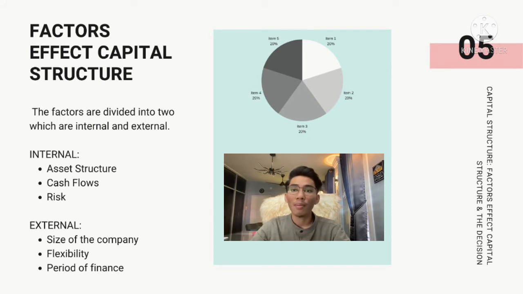Last but not least, period of finance. Funds are needed for a variety of reasons across a variety of time periods. To fulfill working capital needs, short-term financing of 1 to 3 years is needed. As a result, it is raised via commercial banks, OD or cash credit.